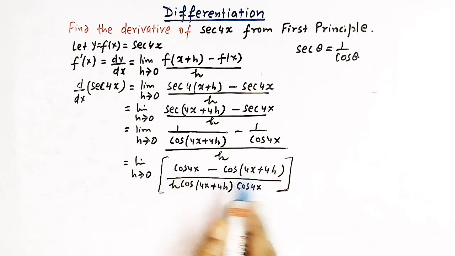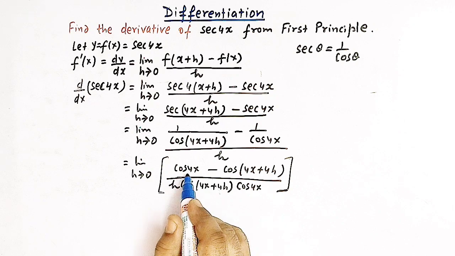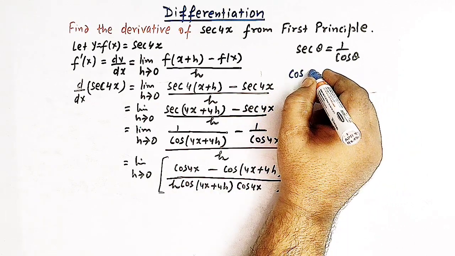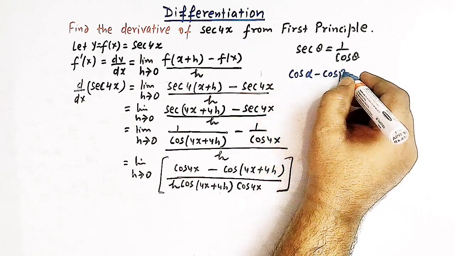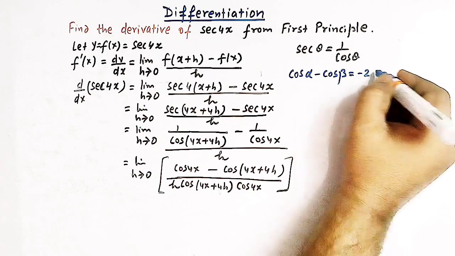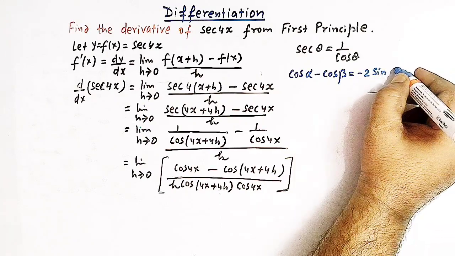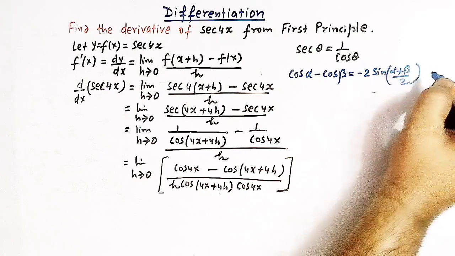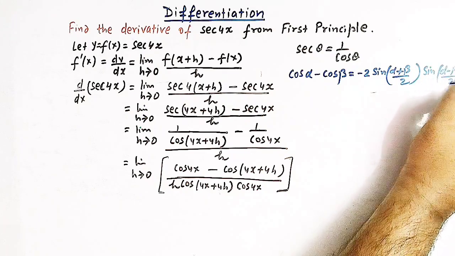So now we can express this numerator, that is the difference of two cosine functions, by using this result, that is cos alpha minus cos beta is given by minus 2 sine of (alpha plus beta) over 2, and then we have sine of (alpha minus beta) over 2.